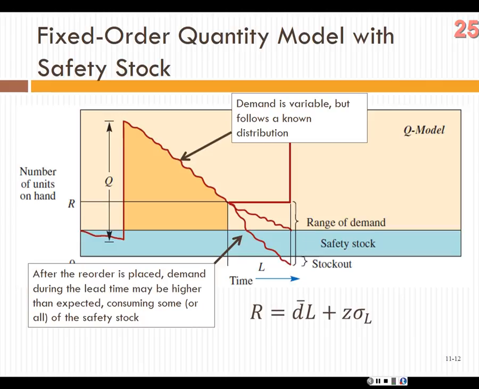So Matt, if I have 365 days in the year, and I've got average daily demand, how am I going to calculate my annual demand? Divide 365 by 60?